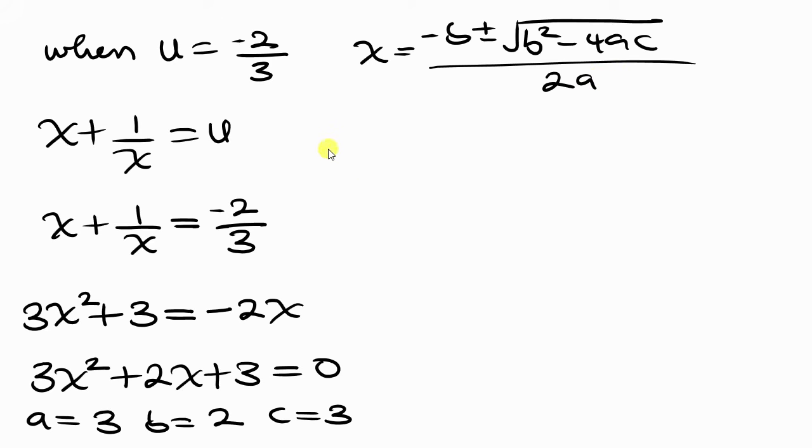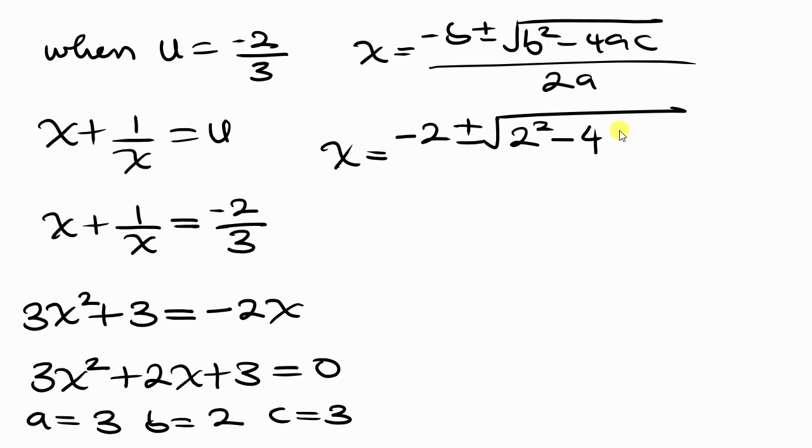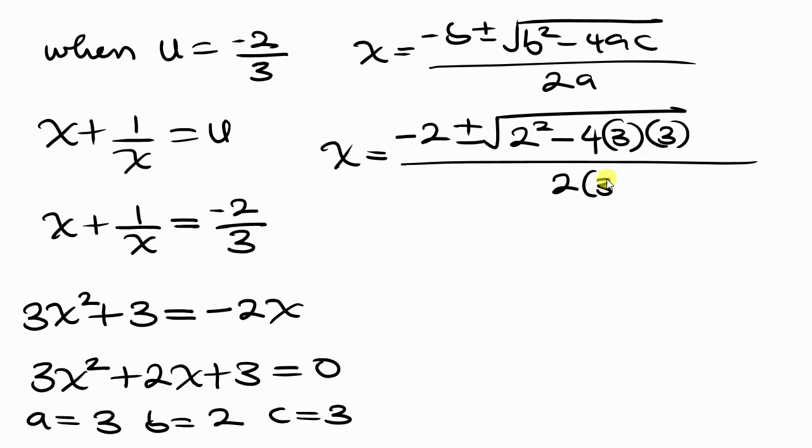Now let's substitute. X will be negative b, that is negative 2, plus or minus the square root of b squared, that will be 2 squared, minus 4 times a is 3, times c is also 3, all over 2 times a, that will be 2 times 3.